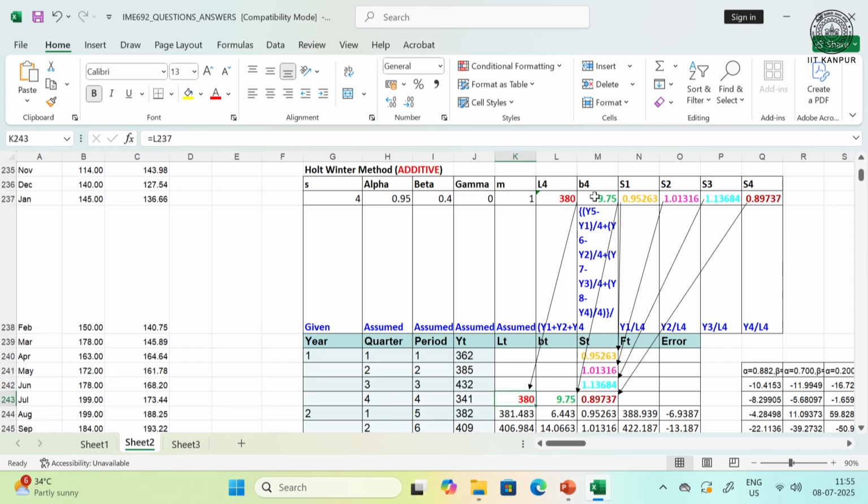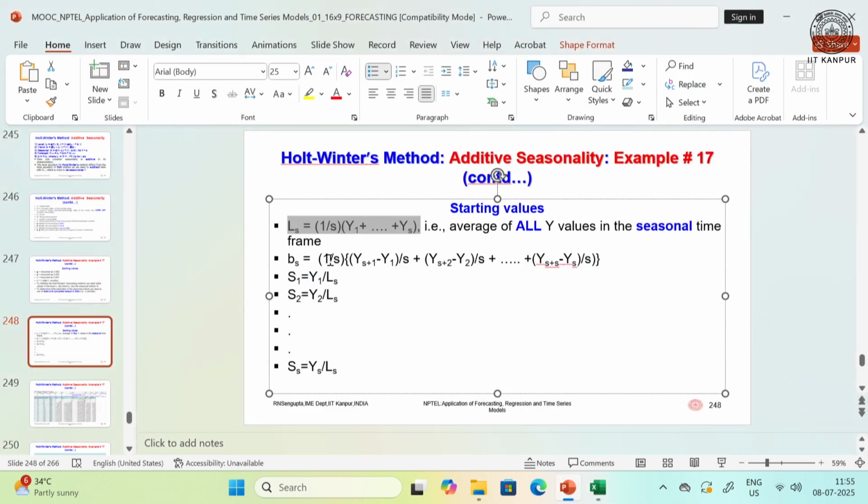Now I need to find out B4, or B_s. The B_s value is given by the average. Small s is 4, so it will be 1 by 4, and we find the difference of y_(s+1) minus y_1, divided by s, and we continue.